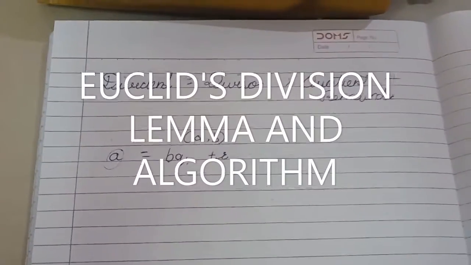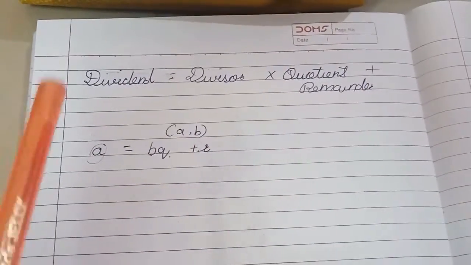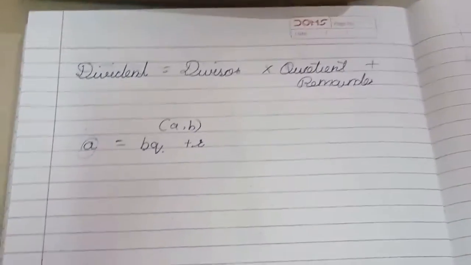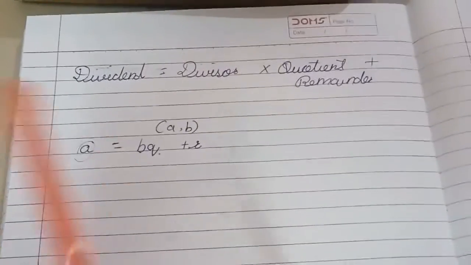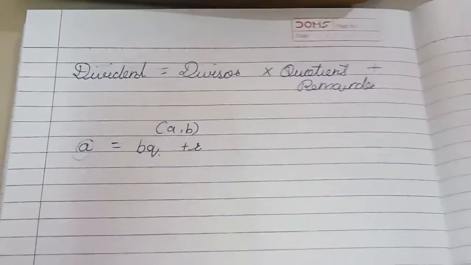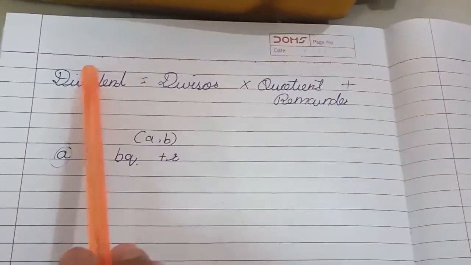Division lemma is nothing but the basic division theorem. That is, it's not the basic division theorem itself, but a shortened form of it. That is, dividend is equal to divisor into quotient plus remainder. Now what it states, it formulates this for any 2 integers.